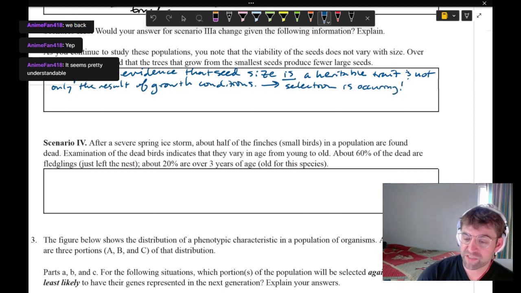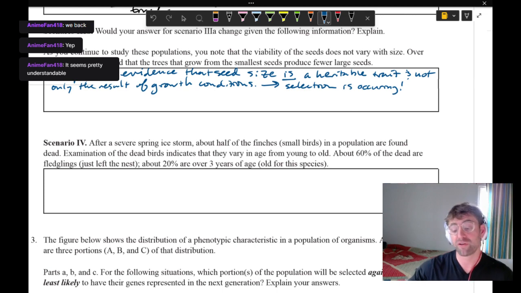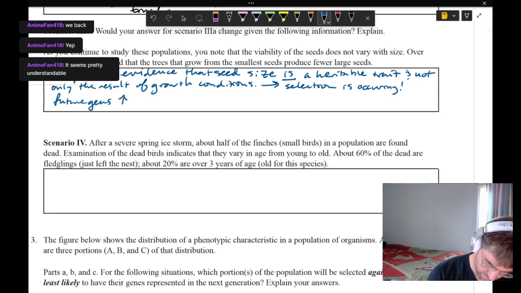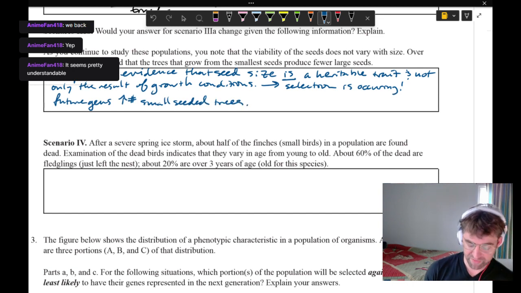And over time, we would expect the population to look very different, to have more small seeds again. Future generations will have an increased relative number of small-seeded trees.